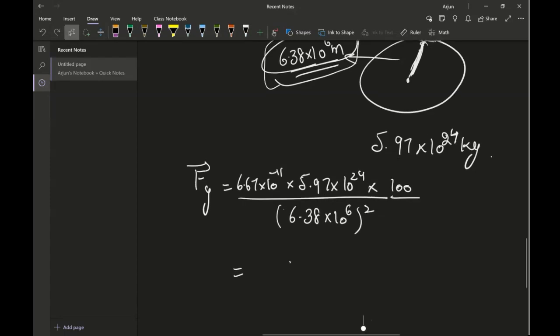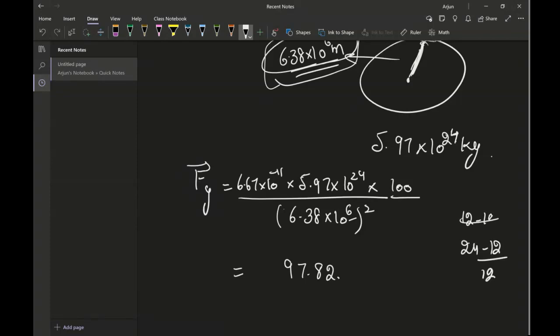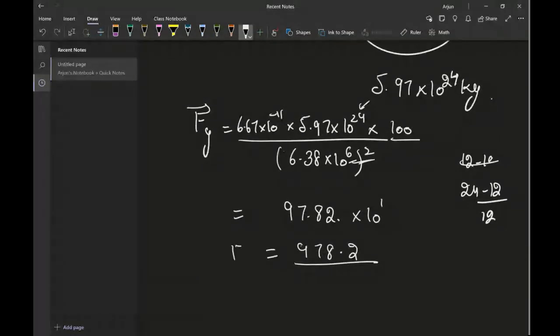That will be 97.82, and the powers are 24 minus 12, which is 12, then 12 minus 11 is 10 raised to the power 1. So it is 978.2, and this is the force with which Earth is pulling me towards itself. So Fg is this much Newton.